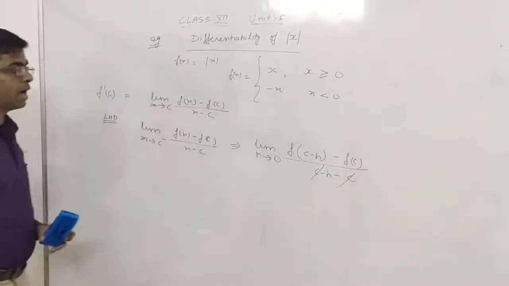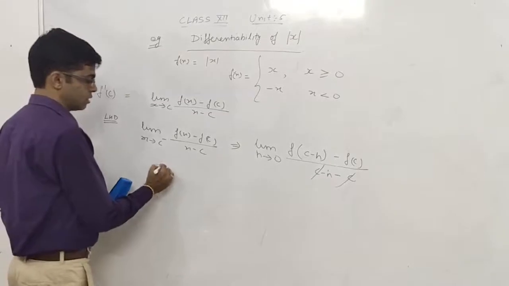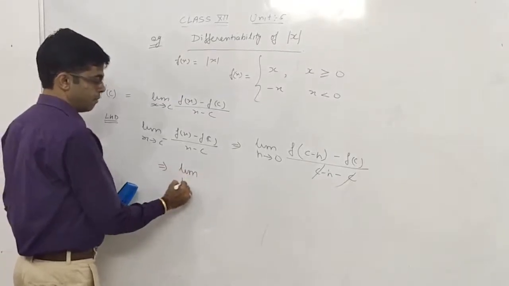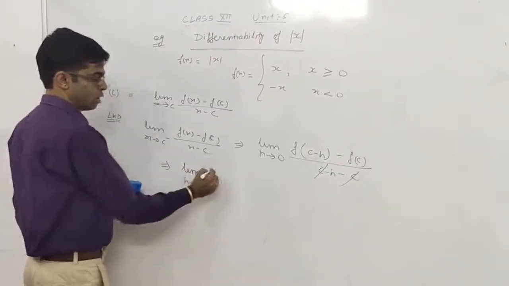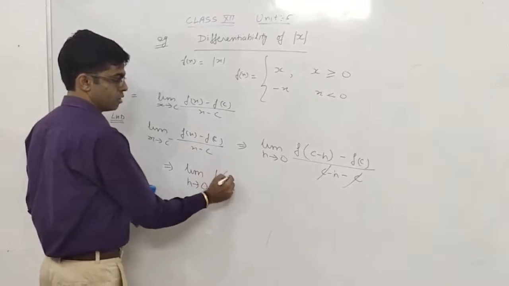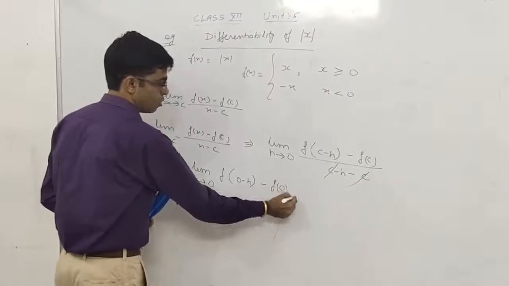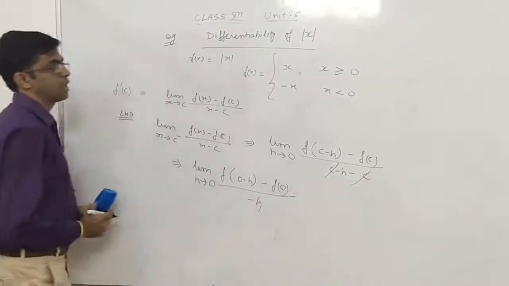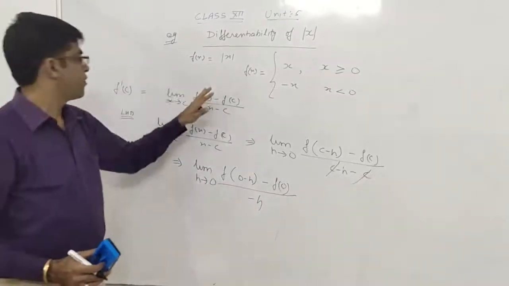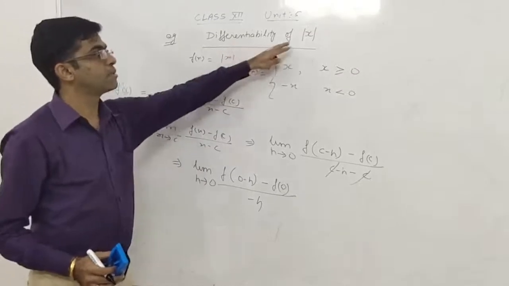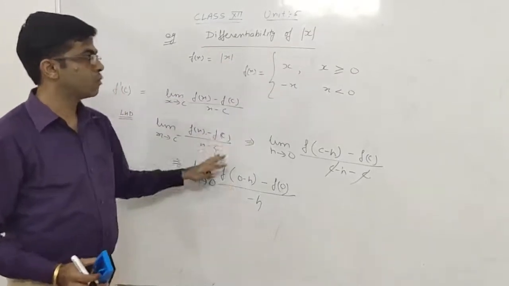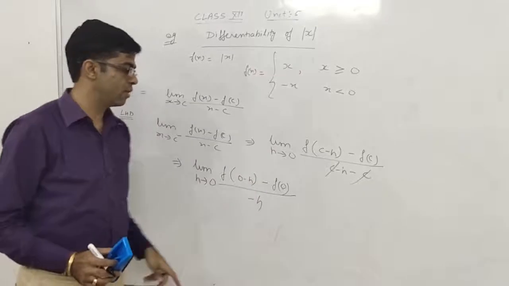Now we are checking at 0, so this is limit h tends to 0, f of 0 minus h minus f of 0 upon minus h. We are checking the differentiability of this mod x function at x equals to 0. So the value of c will be 0.